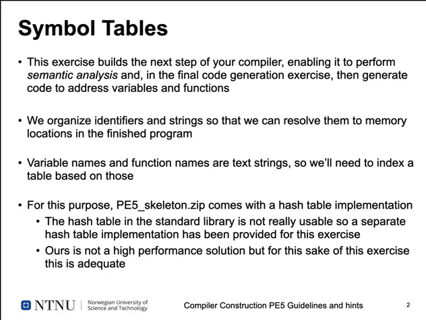There is actually a hash table implementation in the standard C library, but it's not really useful. So we built a very simple one, which is also not very efficient, but it works better for our use case. I'm not perfectly sure that this doesn't contain errors. So if you find any errors in this hash table implementation, please let us know.